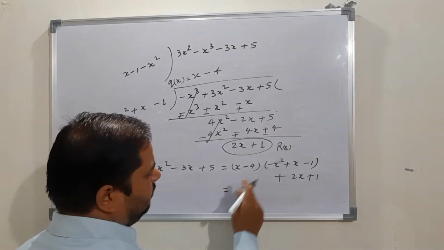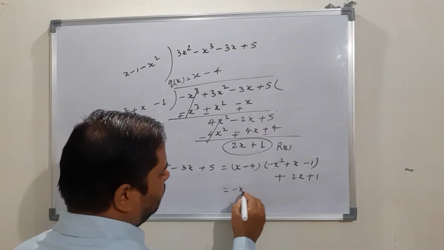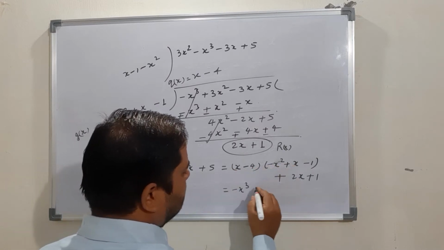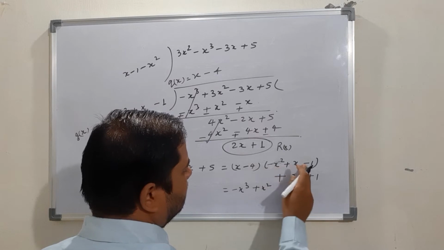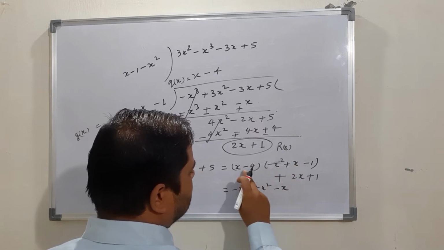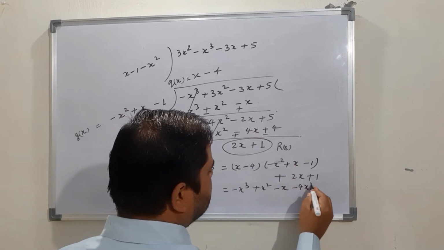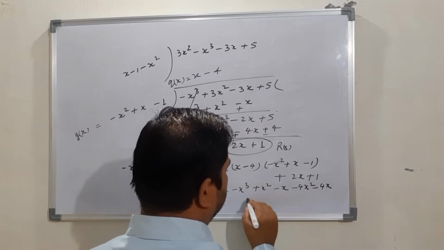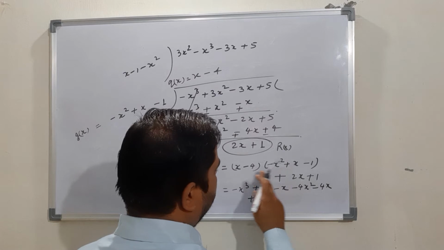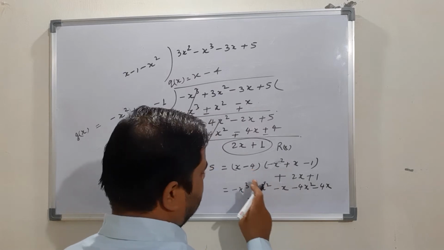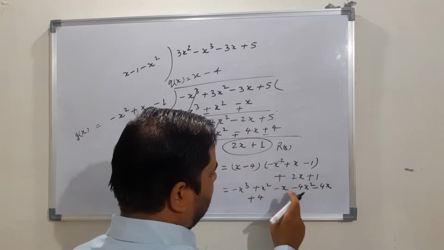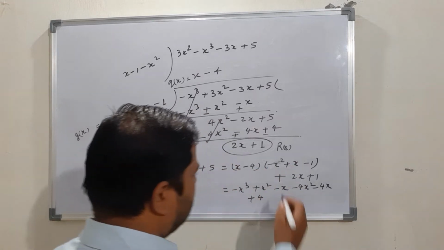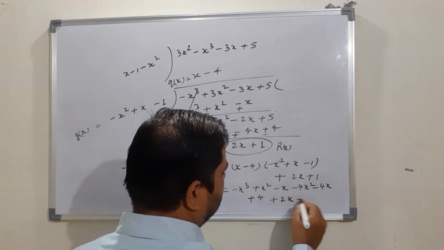So first of all you multiply: minus x cube plus x square minus x, minus 2x square plus 2x minus 2, and then plus 2x plus 1.